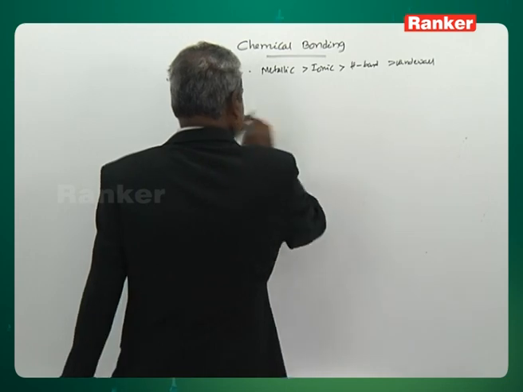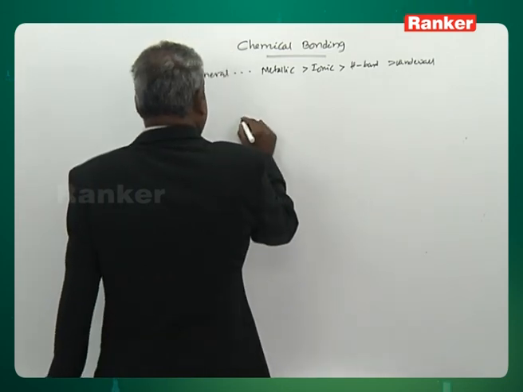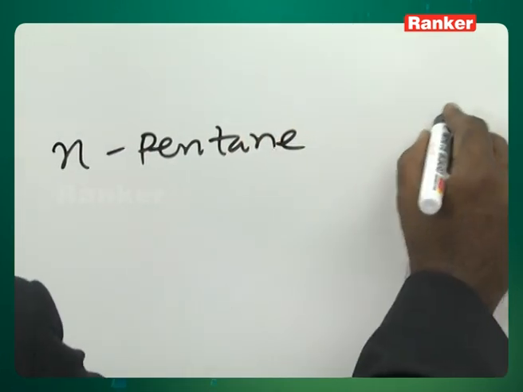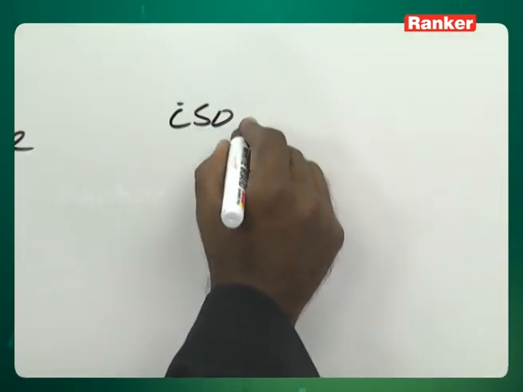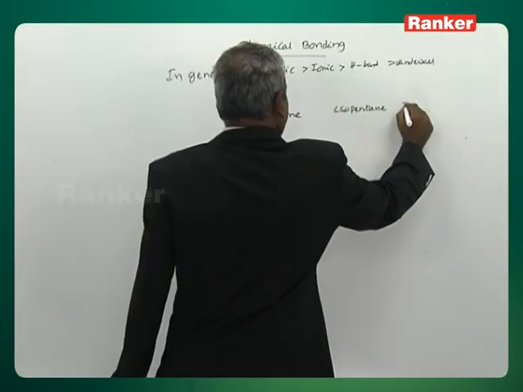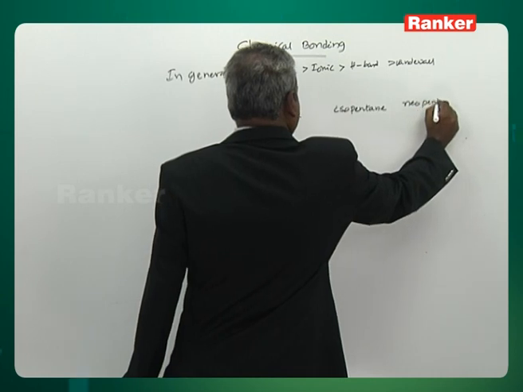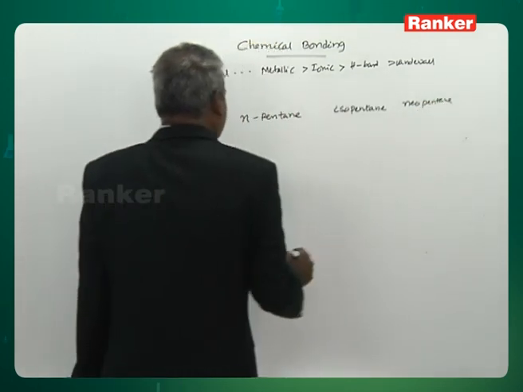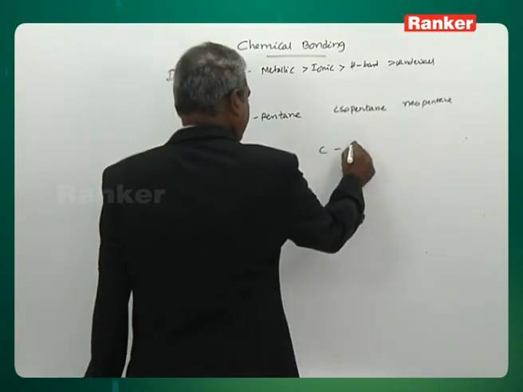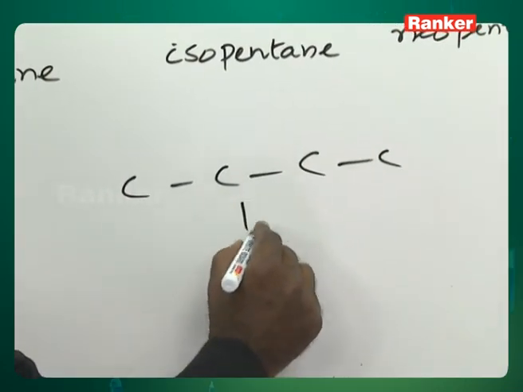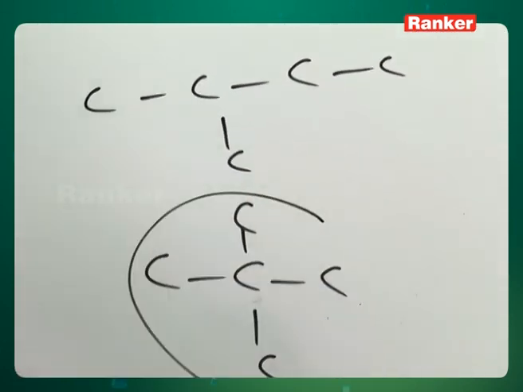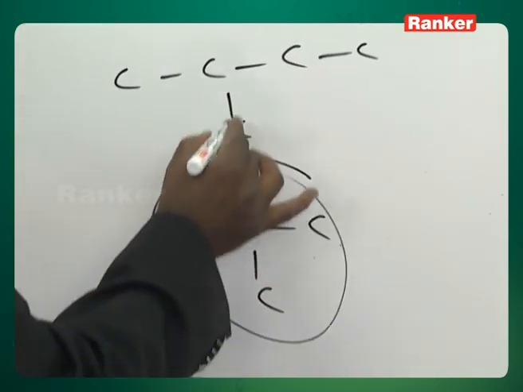So, you have n-pentane, isopentane, neopentane. N-pentane, there is no branch. Isopentane means one branch. This is isopentane and this is neopentane. 5 carbons, but still different shapes.